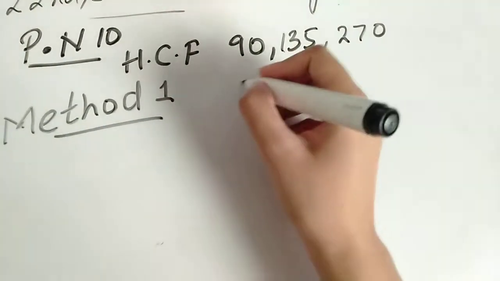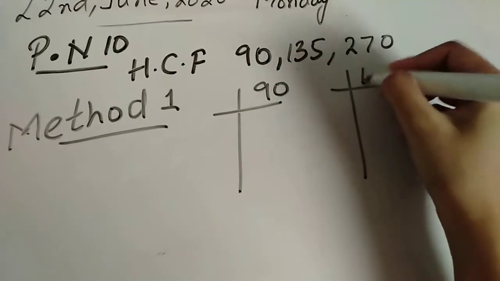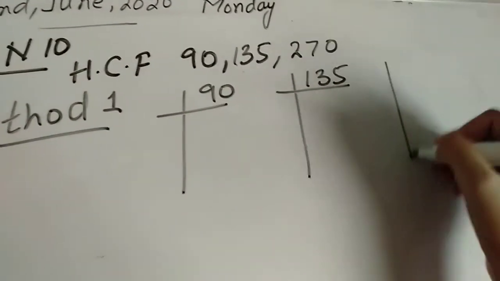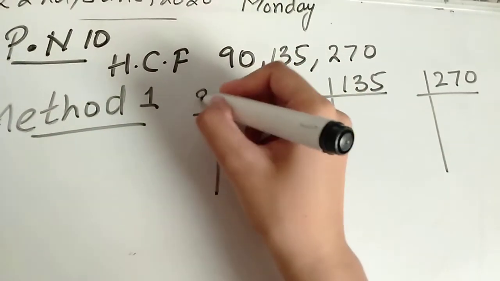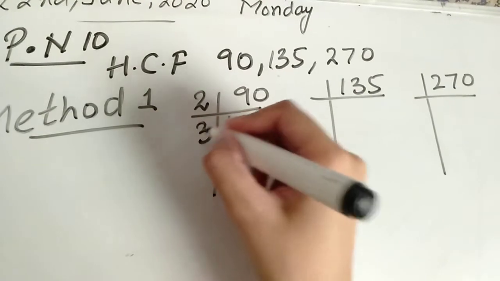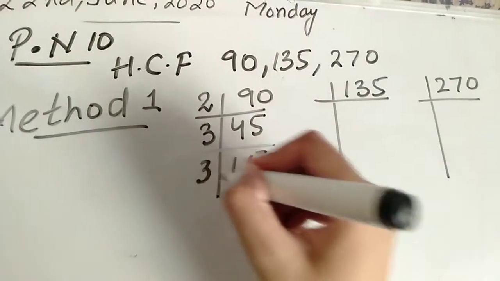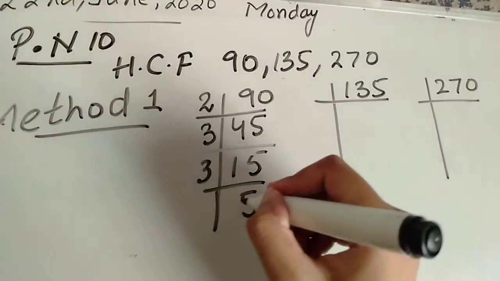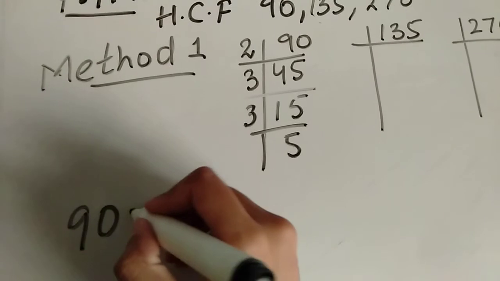Method 1: I will find the prime factors of 90, then of 135, then of 270. So it's 2, 3, so I will write the prime factors of 90 here.